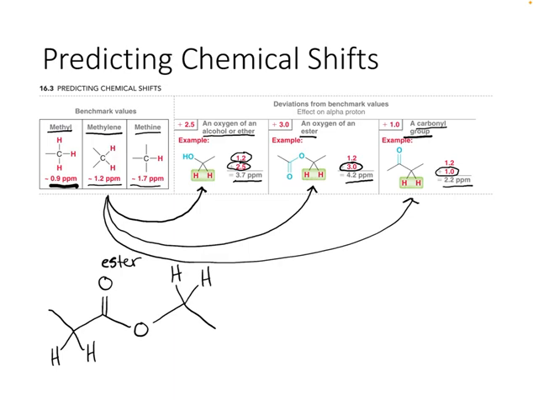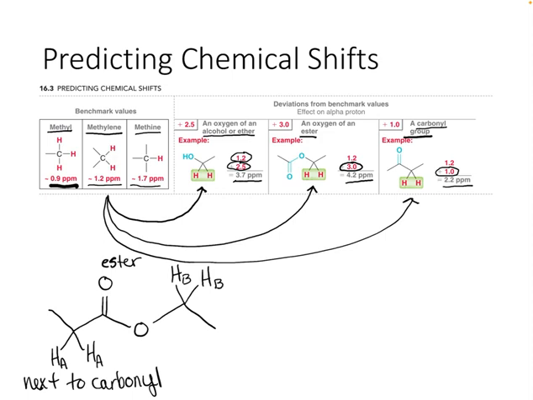So the protons on the left-hand side are next to a carbonyl group. Okay, and then the protons on the right-hand side are next to the oxygen of an ester.